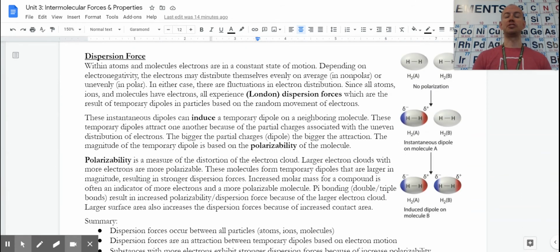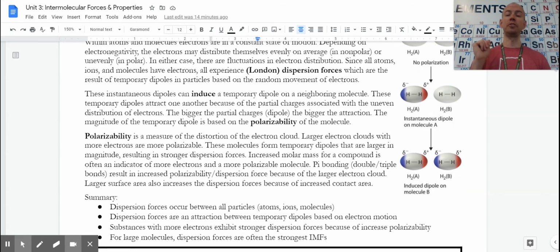A word we use to describe the size of dispersion force that we can create is polarizability. So it's a measure of the distortion of our electron cloud, or how polar I can make something that's nonpolar. Molecules that have more electrons can be pulled more or pushed more one way or the other. The bigger the electron cloud, the more polarizable.